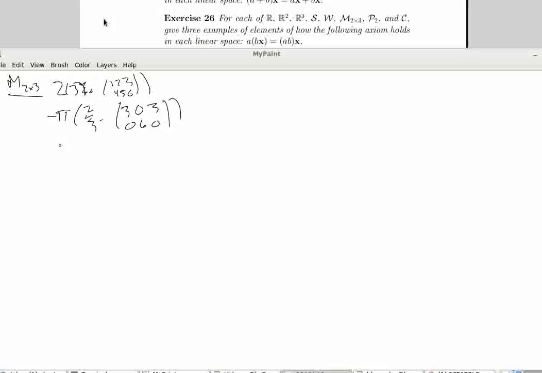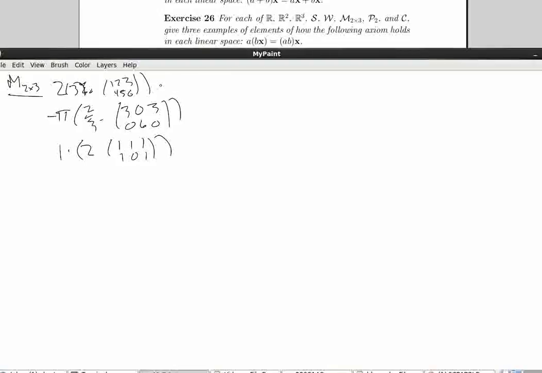And I'll do 1 times 2 times 1, 1, 1, 1, 0, 1. Okay, so again, just work this out. 3, 6, 9, 12, 15, 18 equals 6, 12, 18, 24, 30, 36 after I multiply by 2.